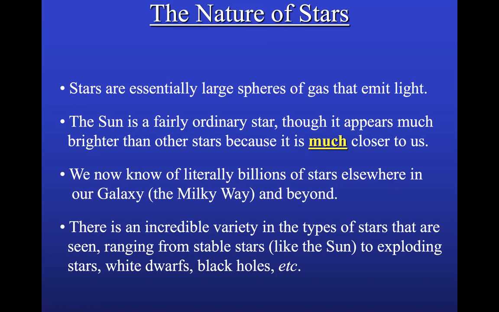It appears very bright to us because it is very close to us compared to other stars. And I will show you examples of how the brightness will change if you remove our own sun from this position and keep the same sun at similar distances like other stars, right?